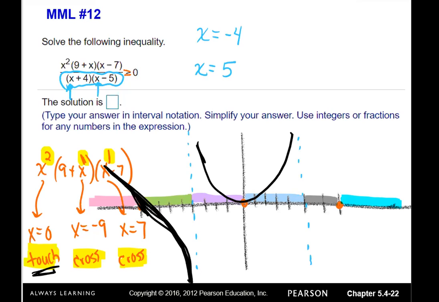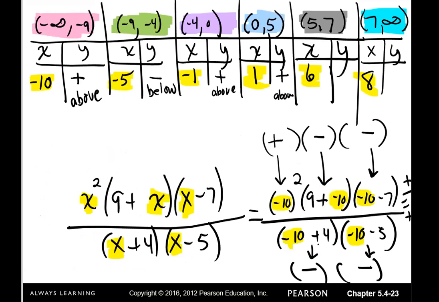And then when I go to the gray and the turquoise, when I plugged in the 6, I'm now in the gray. When I plugged in the 6, I ended up with a negative answer, so it was below. Hope it's okay that I'm not actually plugging and checking, that you're trusting me that I did the math right.